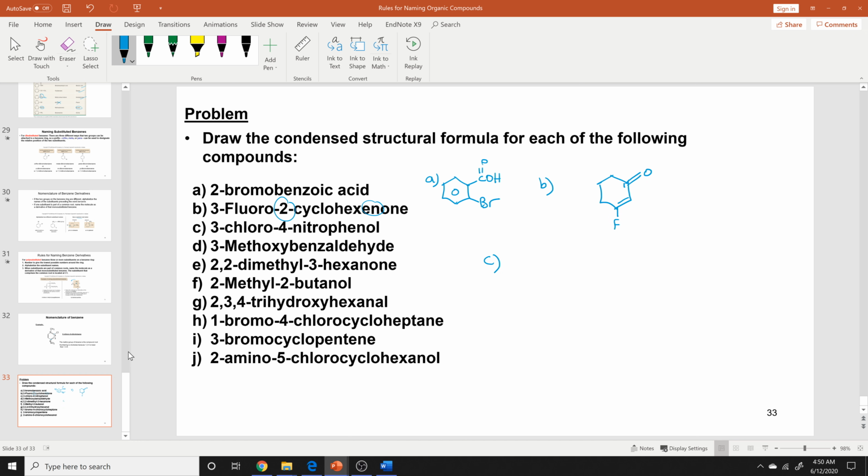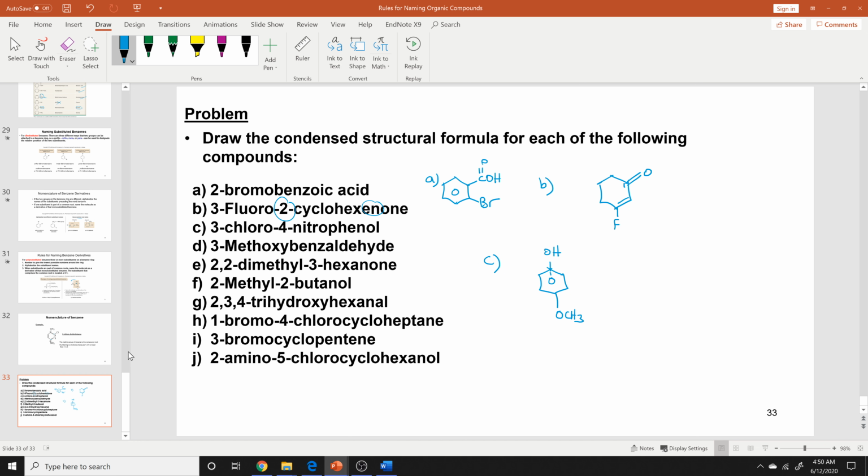In C, I have a nitrophenol, and phenol is this. This is what my phenol looks like. On carbon number 4, this is 1, then this is carbon 4, 4 is a methoxy, so it's an O and a CH3 in there. Let me see.